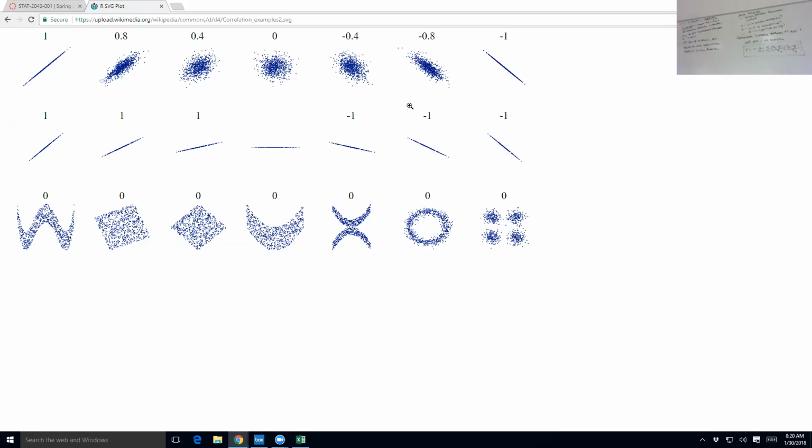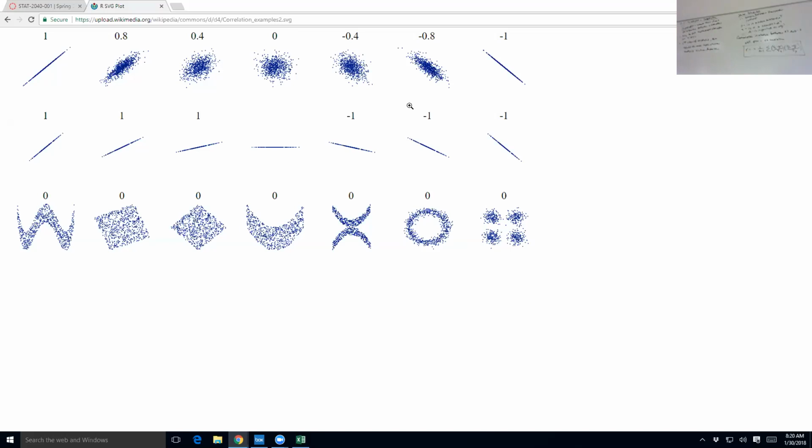So the idea here is if you see something like this, this is what we would refer to as a null plot. This is going to imply that there's no correlation. But on this bottom row here, okay, if you plug these into that equation I just gave to you, correlation here, these all give you a zero correlation.